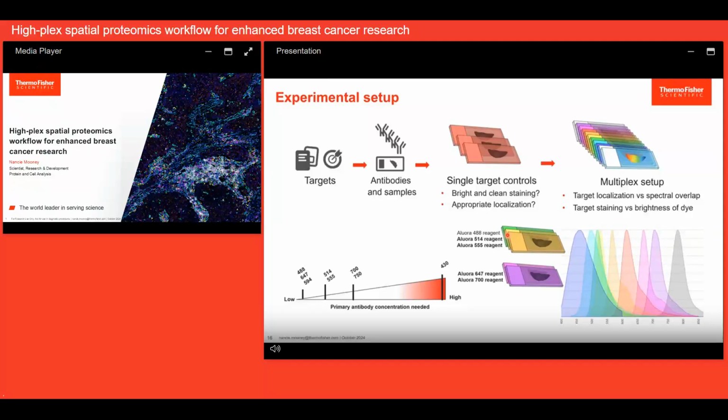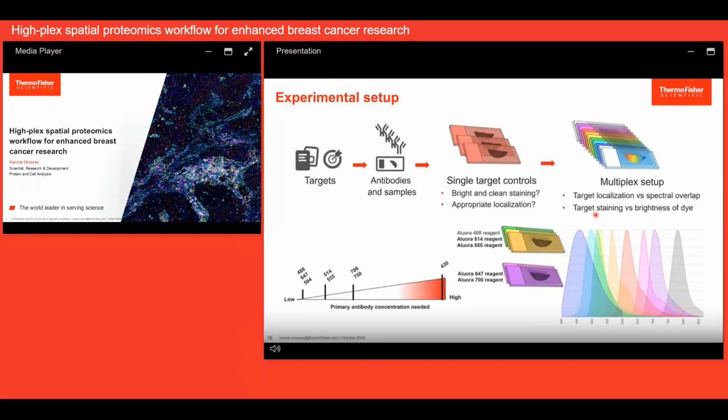This makes the unmixing more complicated and can make the data more difficult to rely upon. So if you have multiple targets that are nuclear, I strongly recommend putting them in spectrally dissimilar fluors. So don't put all your nuclear targets in 488, 514, and 555, which, as you can see here in the spectrum, have a lot of overlap. Same with 647 and 700 here.